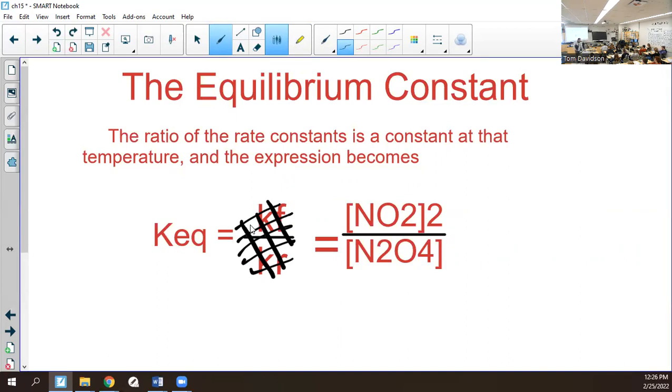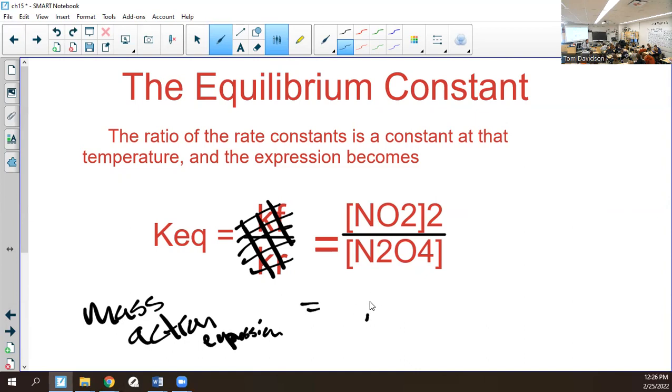This is a pet peeve from my very first year. This thing also has another name, and I don't like it, but it is also called the mass action expression. And it's the same stuff. The mass action expression is the same thing as K. Now, why?